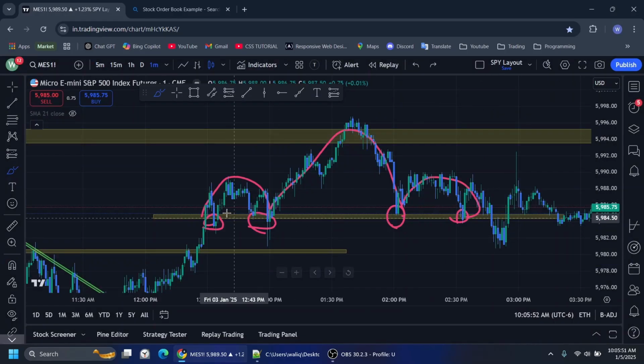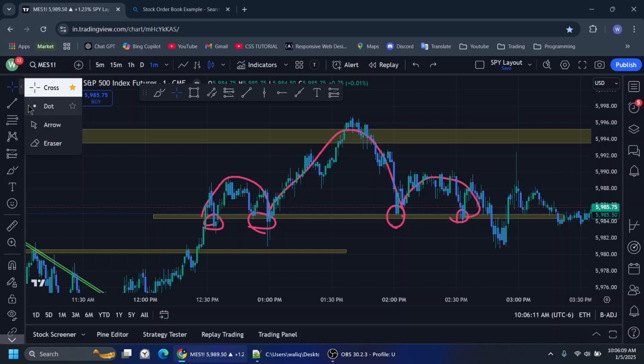By the way, this is S&P 500 MES, micro E-mini S&P 500 futures, which is basically you're betting on the future price of the S&P 500.